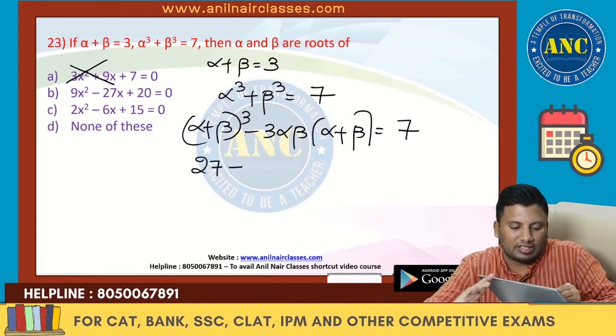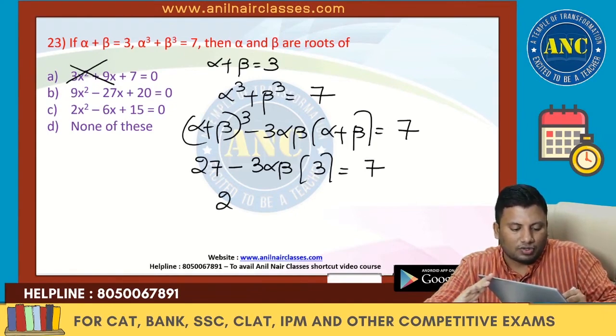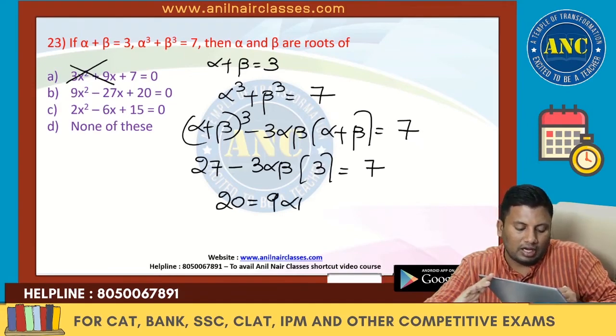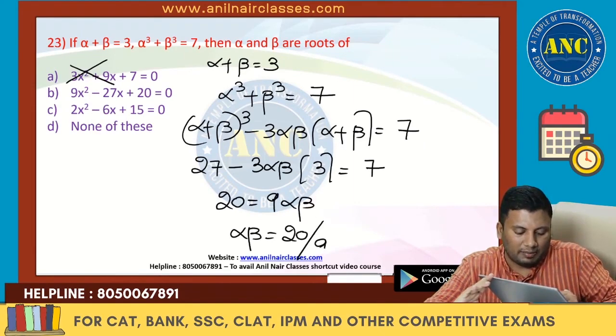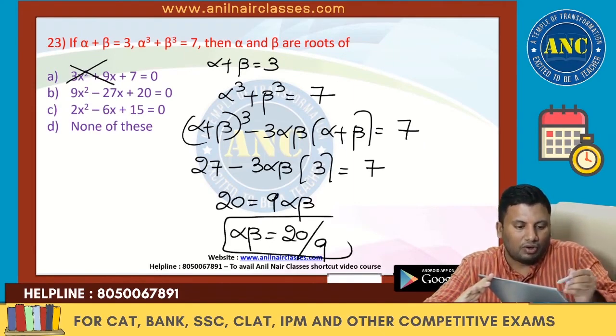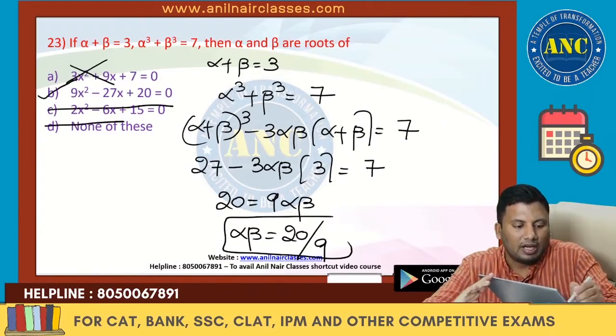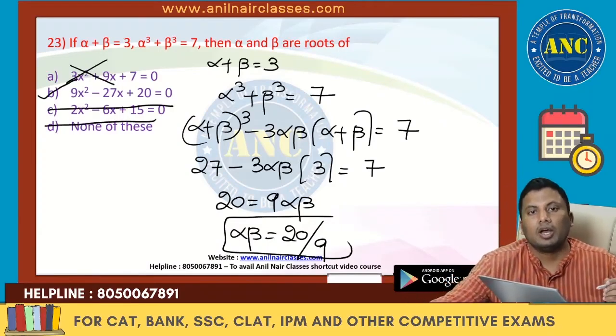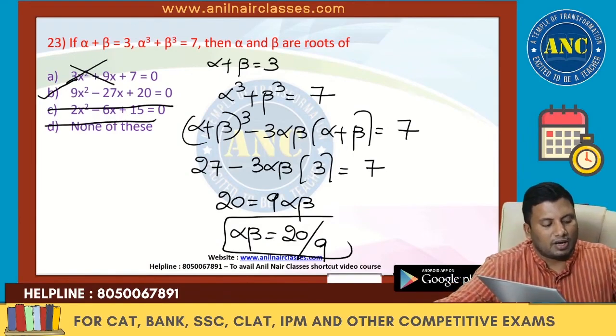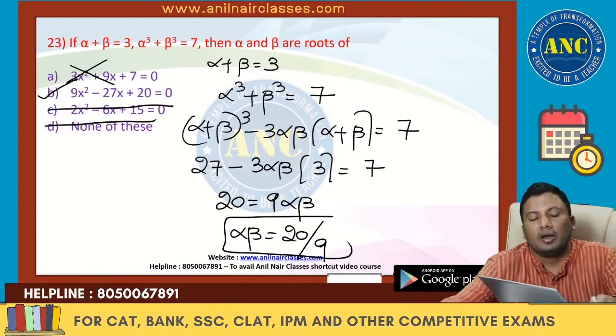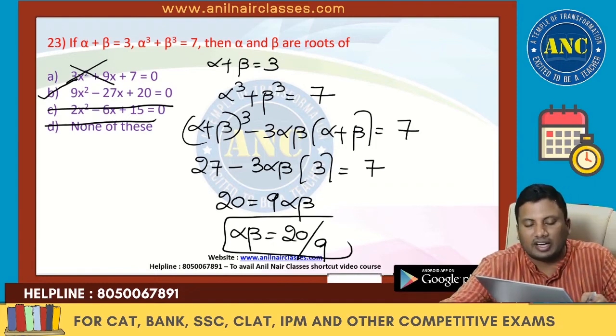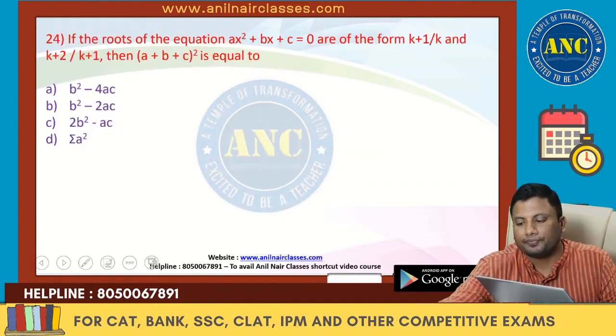These 27 minus 3 alpha beta, alpha plus beta is 3. 20 equivalent to 9 alpha beta. Alpha beta is nothing but 20 by 9. Product of the roots should be 20 by 9. Option B is satisfying both the properties. Sum of the roots it is satisfying. Product of the roots also it is satisfying. I hope it is clear.